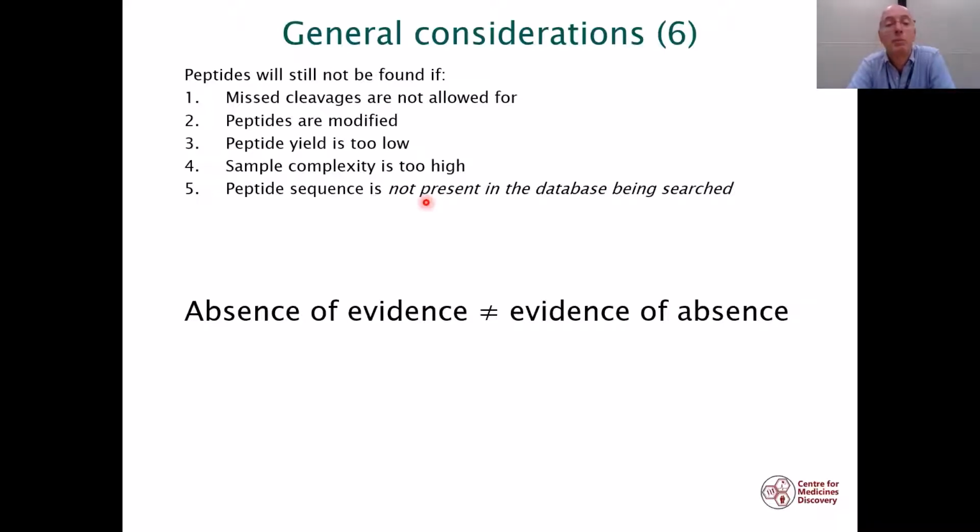But it may well be that the sequence you're looking for is not actually represented in the database. So remember this, because this is true for all types of mass spectrometry. Absence of evidence is not equivalent to evidence of absence. So we can prove that something is present in mass spectrometry, but we cannot prove that it's not present.